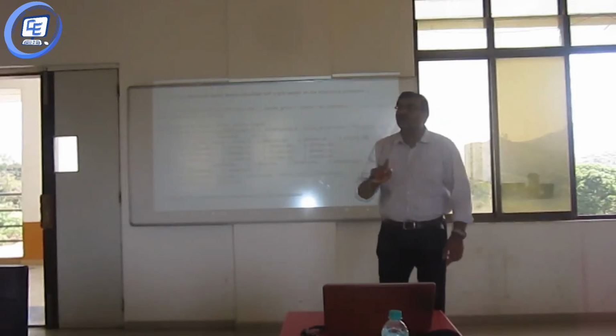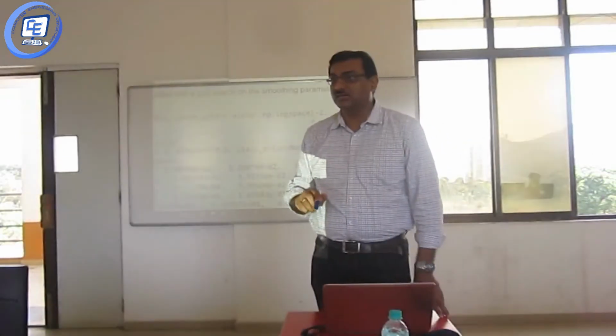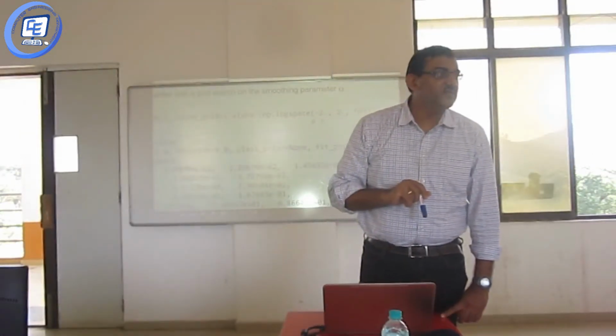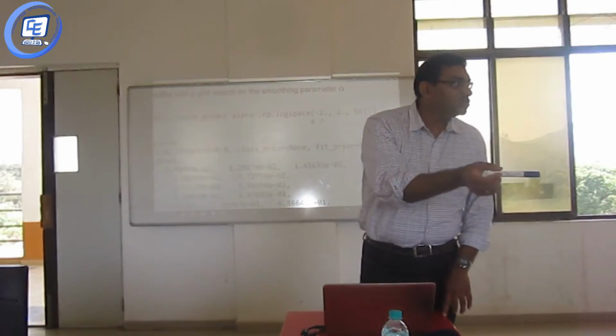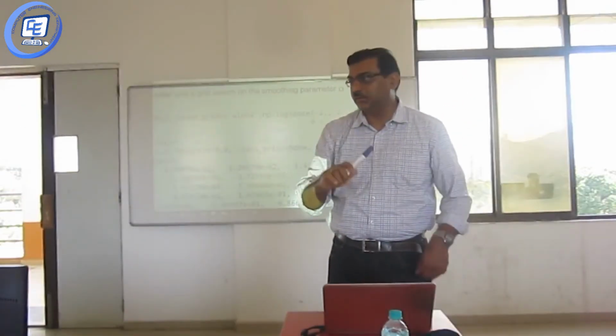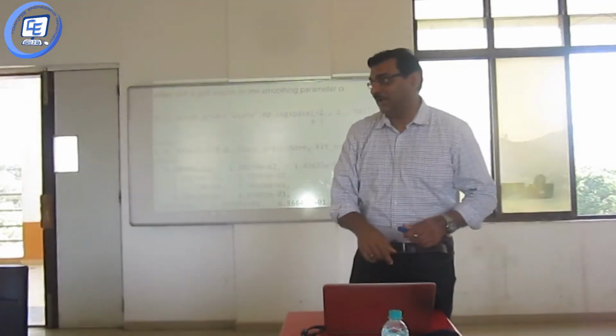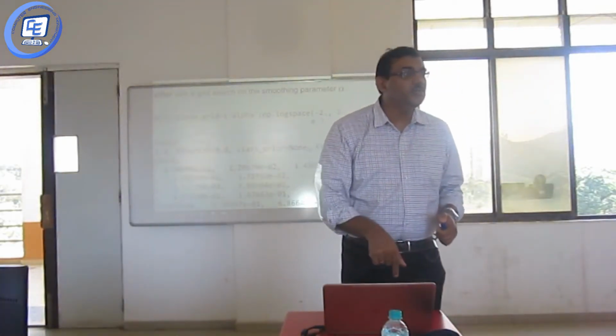This is not linearly spaced, it is logarithmically spaced. What are the different values of alpha we are specifying here? From 10 raised to minus 2 to 10 raised to plus 2, and I want 50 numbers in between them.